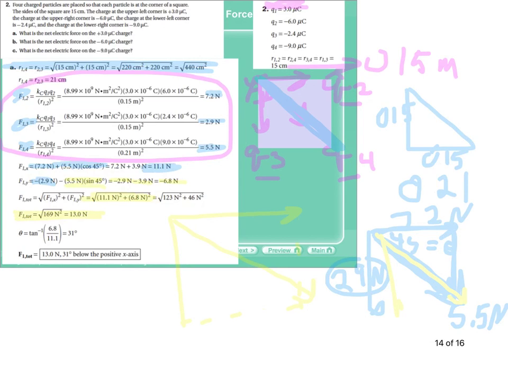So tangent, inverse tan of 6.8 over 11.1. We're finding this angle right here at 31. Actually, this angle here at 31.